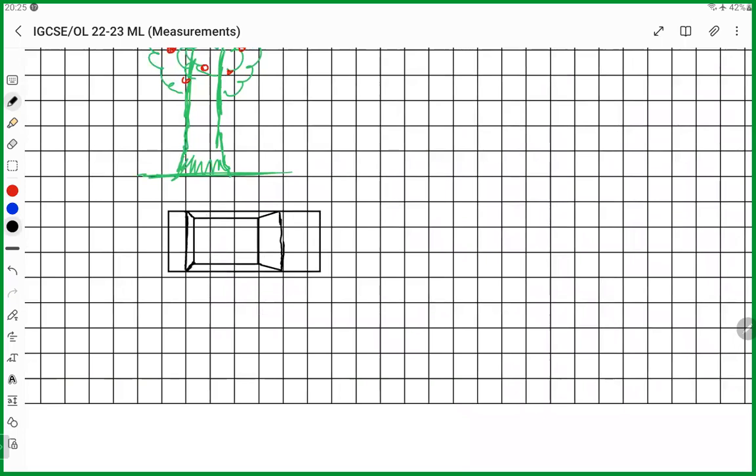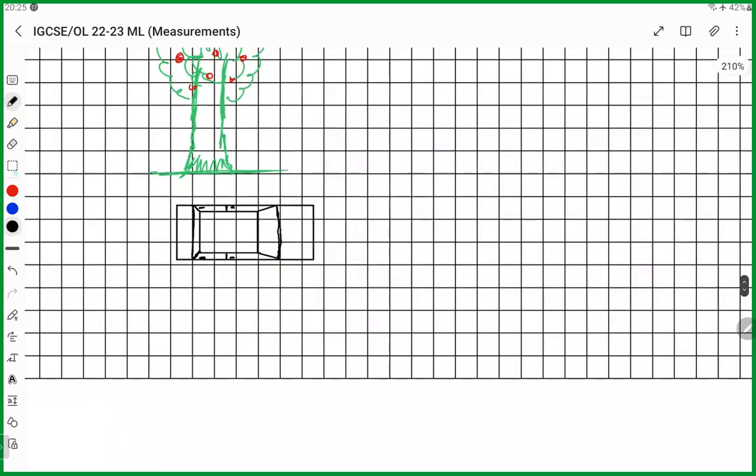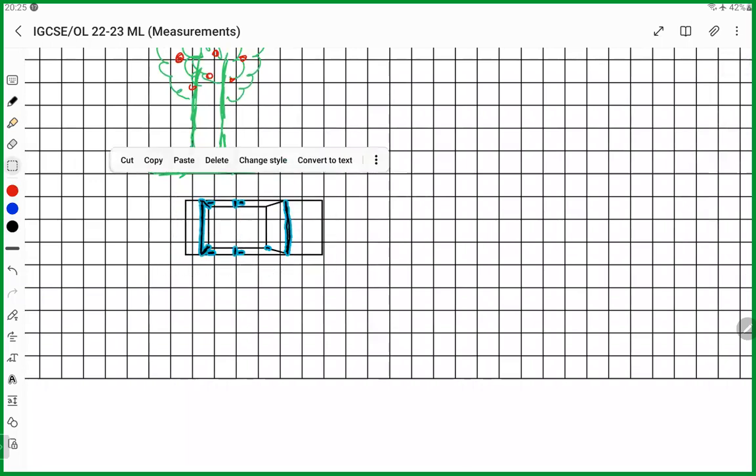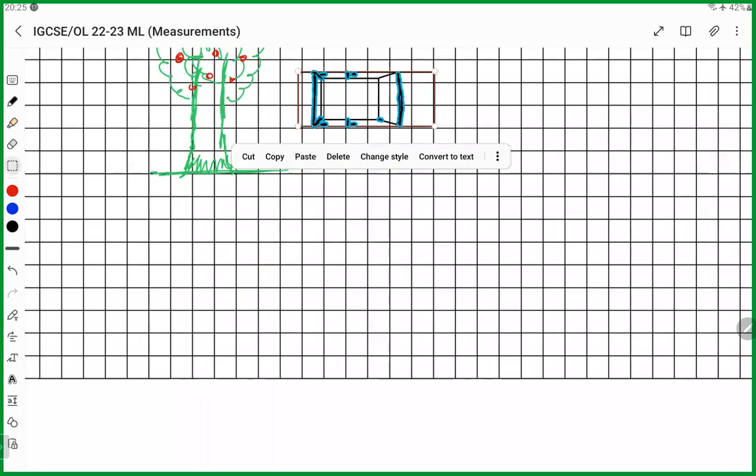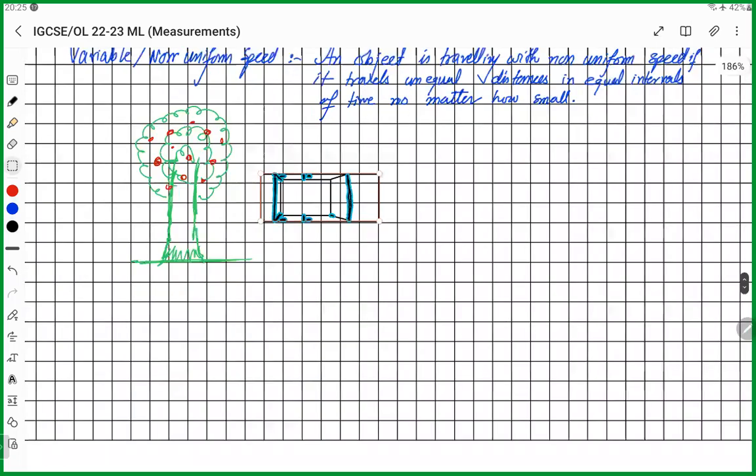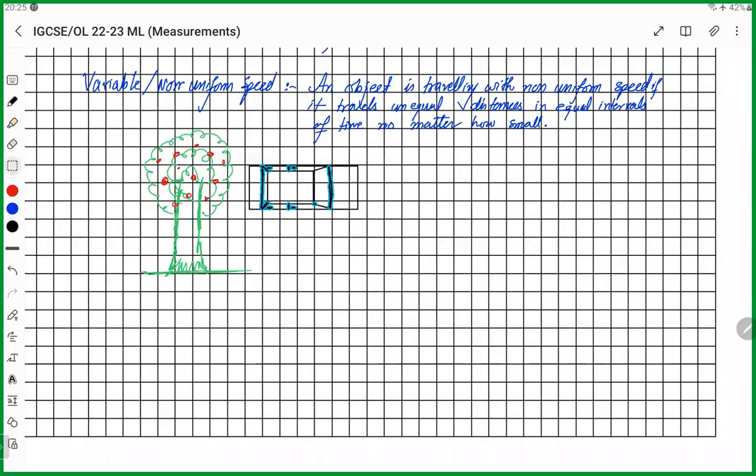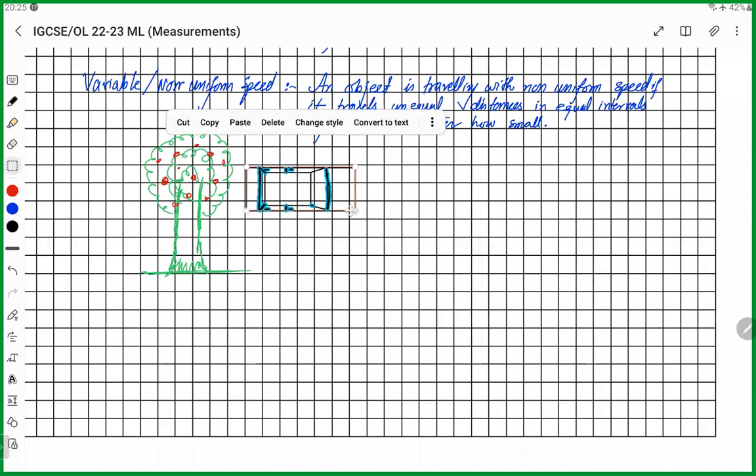Yes, sir. This is a car seen from a drone or from the top. This is a top view of a car. Now, there are three of them moving.